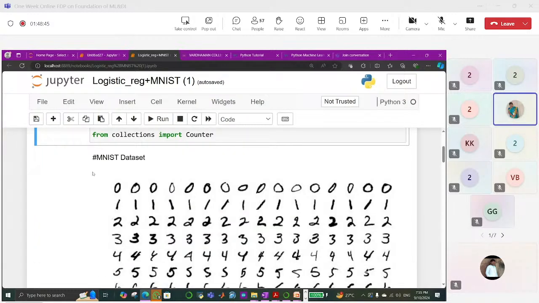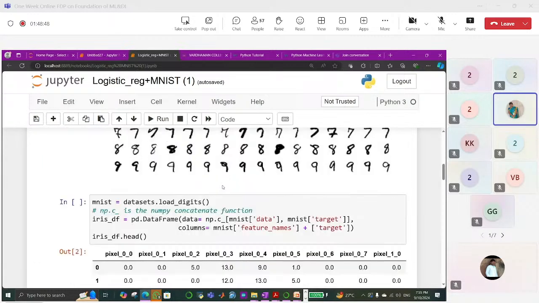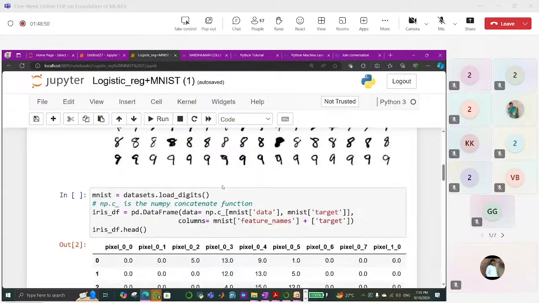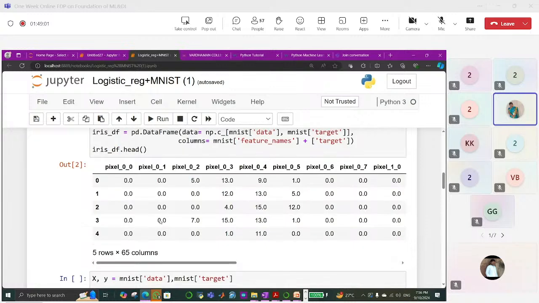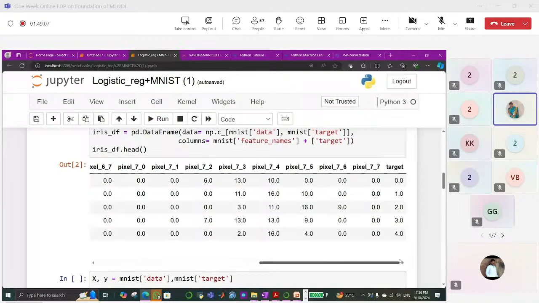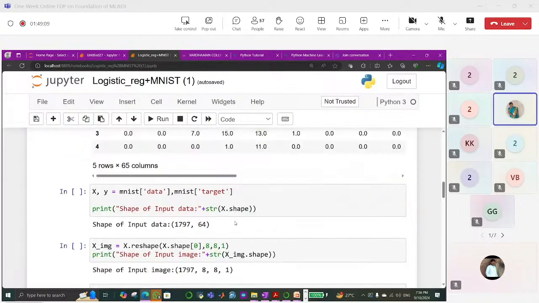After that, the MNIST dataset, we are using the MNIST dataset, and iris. We use the NumPy concatenate function, so the target values and the feature names. After that, all the pixel values, how many rows we are considering, see this one, 5 rows into 65 columns, and the target values. What is the shape of input data? Here our print statement is shape of input data.